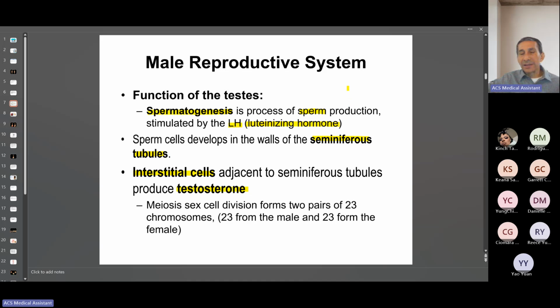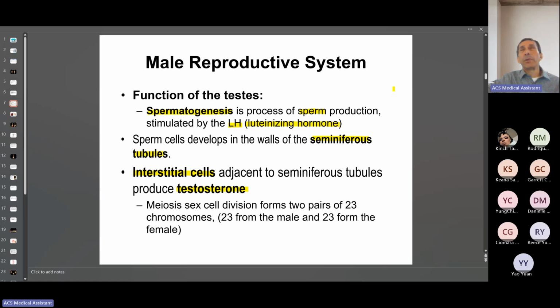Because remember, testosterone is the male hormone. This is the one that gives males the secondary characteristics. As I mentioned at the beginning, males physically look different than females. Those external characteristics are produced by testosterone. Well, not the only thing, but part of it. So that's basically how it works.